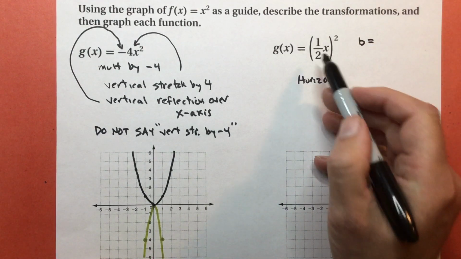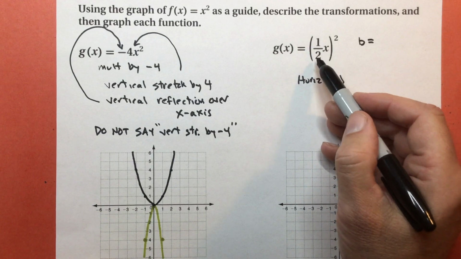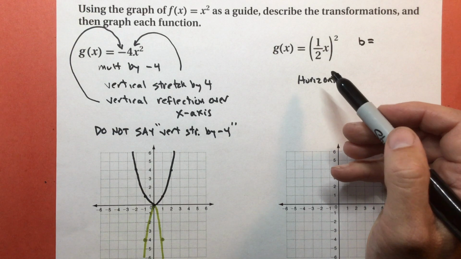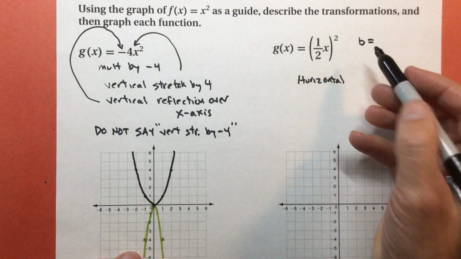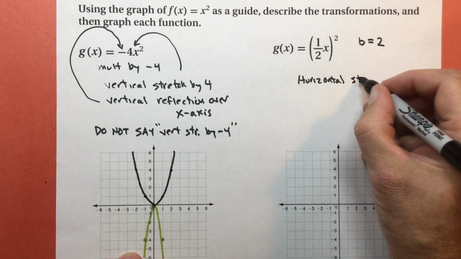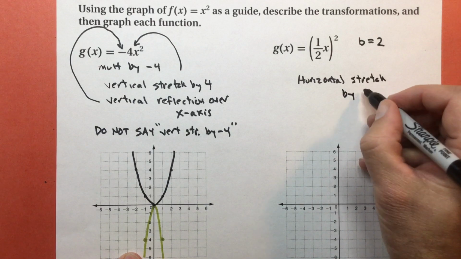Sometimes you're going to want to say b equals 1/2, but that's not the case. This right here is the reciprocal of b, and reciprocals are reciprocals of themselves. So what is the reciprocal of 1/2? My b equals 2. So this is a horizontal stretch by 2.